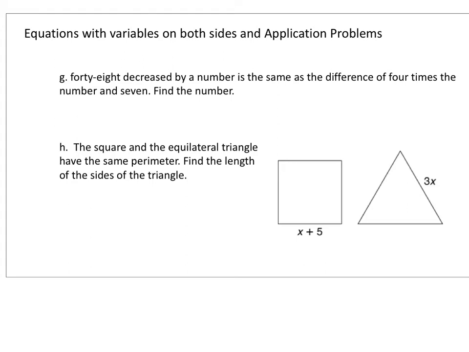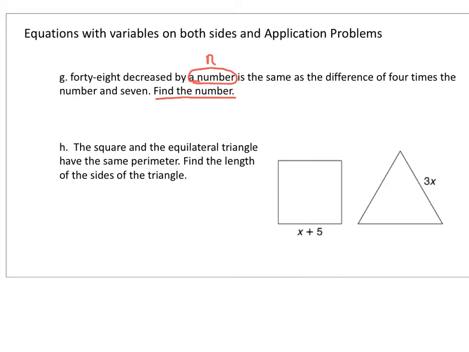Now in this one, it doesn't say that we have two missing things. We don't have an angle and a complement or the first section, the second section, and the third section. We don't have all that. We just have a missing number. So decreased by a number. So the only thing we don't know is the number. So we just need one variable, n, to represent the number, or x.